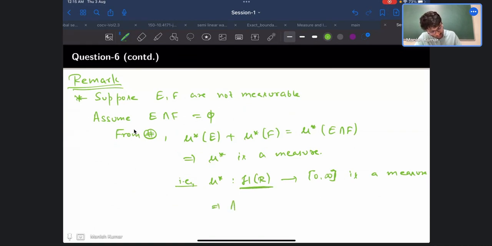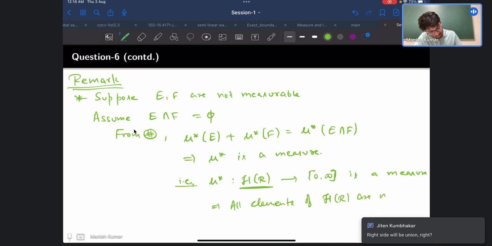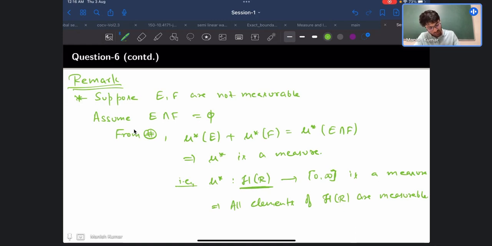all elements of HR are measurable. Okay, but you assumed that E and F are not measurable, and E and F are in fact members of HR. So in some way this is a contradiction.